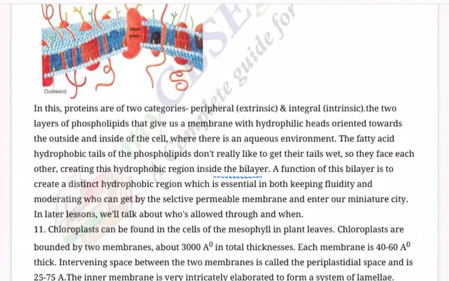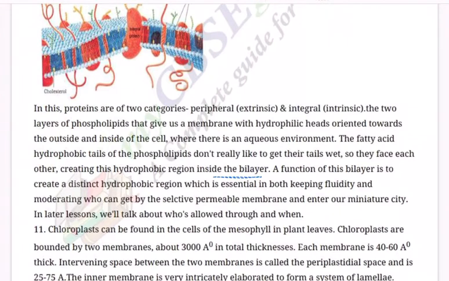A function of this bilayer is to create a distinct hydrophobic region which is essential in both keeping fluidity and moderating who can get by the selective permeable membrane and enter our miniature city. In a later lesson, we will talk about who is allowed through and when. That is, it exactly performs the duty of a selective permeable membrane.